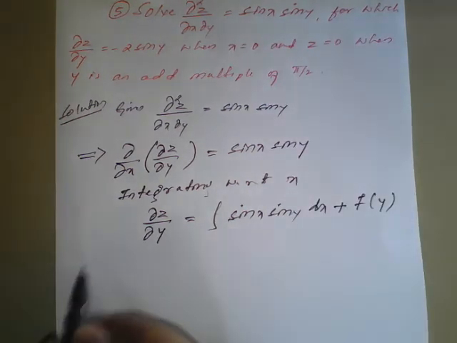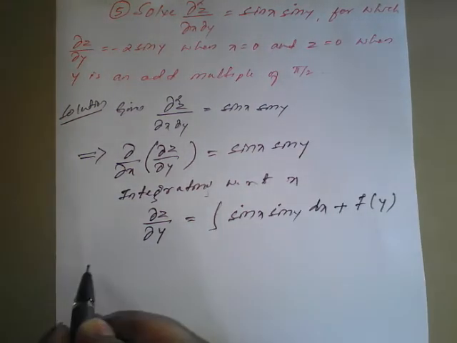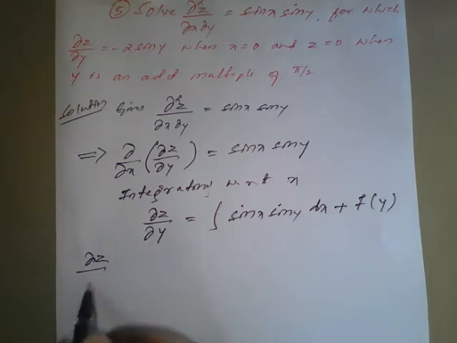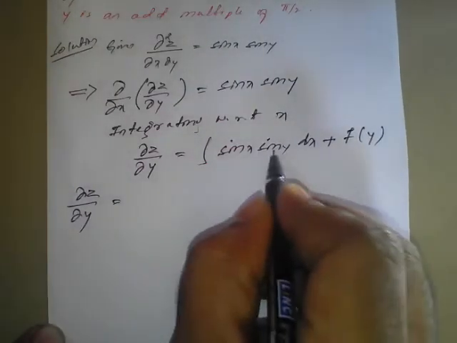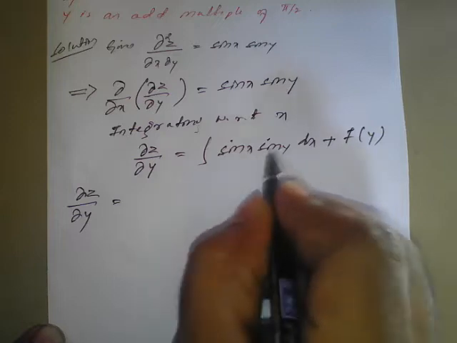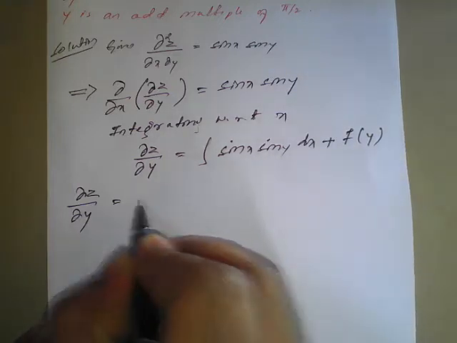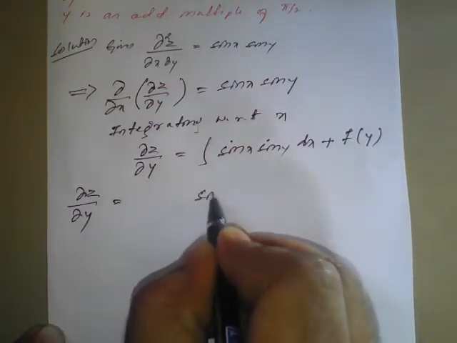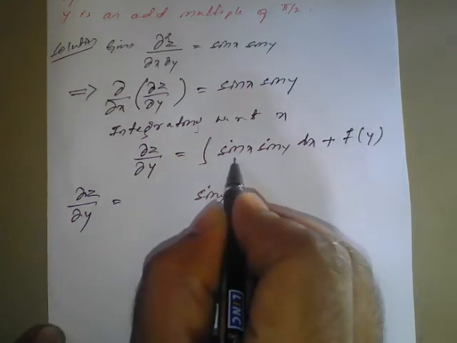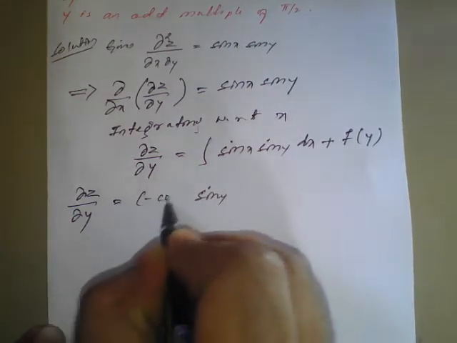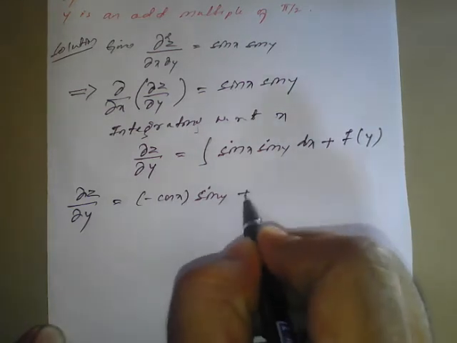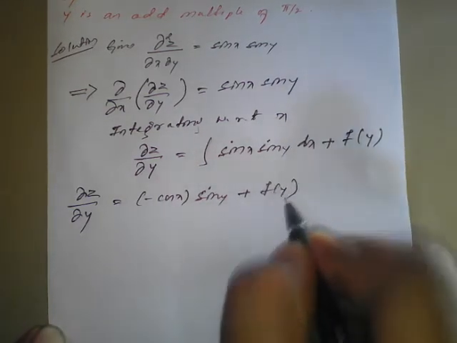So we'll go for the next step, the integration of this. ∂z/∂y equals, with respect to x sin y is a constant, so I'll write sin y as it is. The integration of sin x is minus cos x, plus f of y as it is.